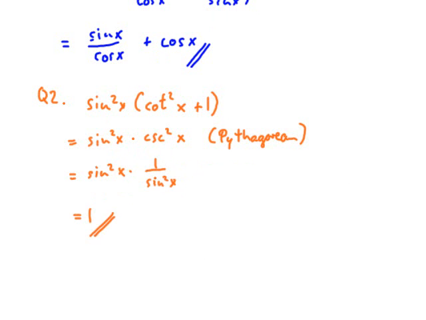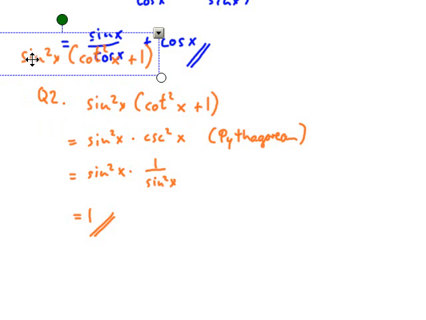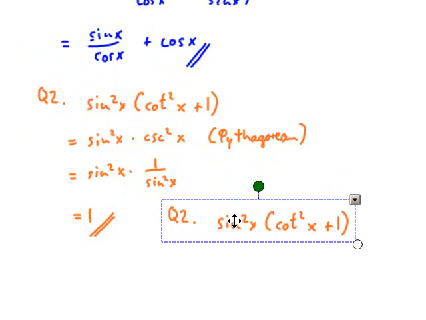and that one is one of the possible answers. By the way, even if I didn't know that particular Pythagorean identity, I can do it as follows.